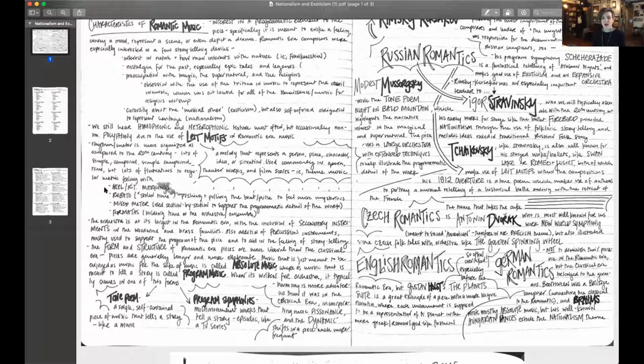The orchestra at this point is the largest that it ever will be, and we've covered a little bit about the rise and decline of the orchestra and how the orchestra changes. But the big changes that we hear, as opposed to the previous time period, is that we're going to have a lot more inclusion of secondary instruments, a lot more presence of the brass family and also the percussion family. So in general, the orchestra is quite a diverse and large ensemble at this point.